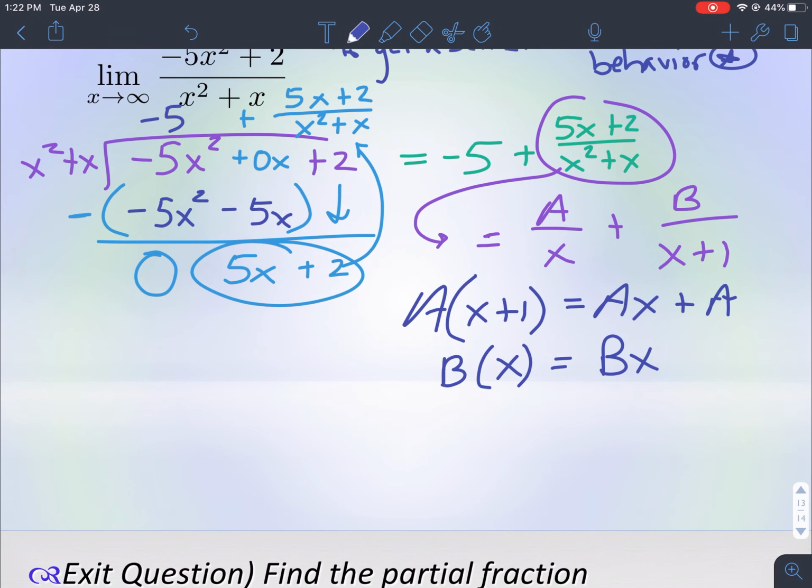Then the numerator must match up with a x plus bx.